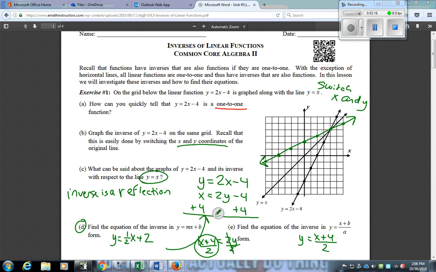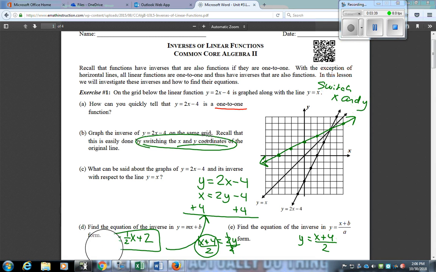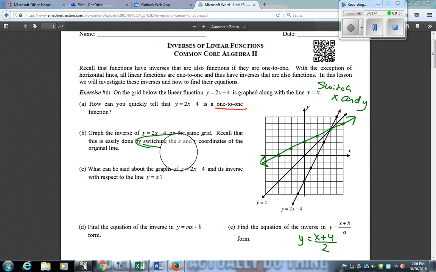You would always want to plug that equation in and check to make sure the points match up. It's an easy way to check yourself, especially on a quiz or test. But again, to graph an inverse, it's all about switching the x and the y coordinates. That's the main goal of this lesson, giving us those different ways of switching and finding inverses of functions.